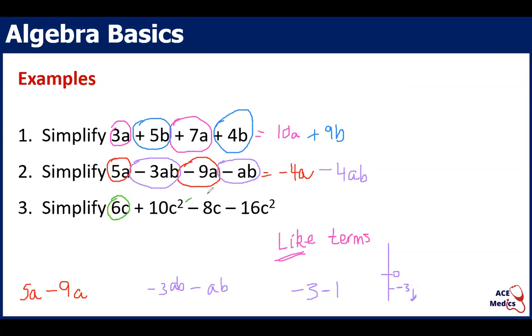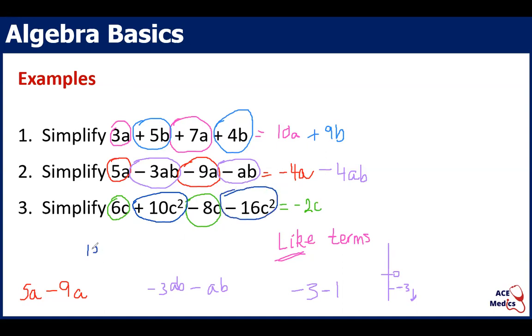6c take away 8c is going to be minus 2c. And then 10c squared. So c squared is different to c because c could be 5, but c squared would be 5 times 5, which is 25. 25 and 5 are different to each other. So 10c squared take away 16c squared.